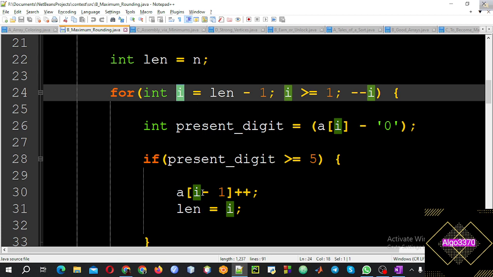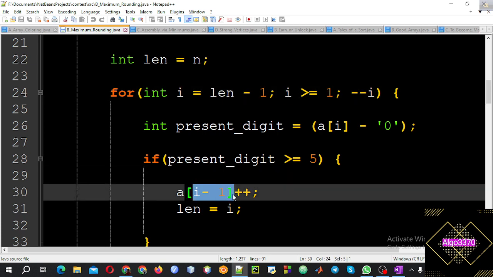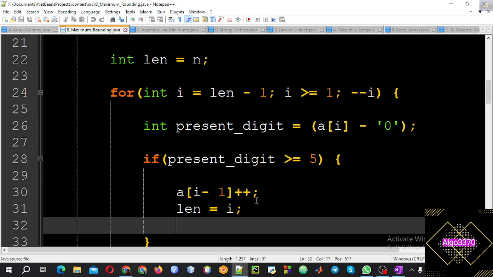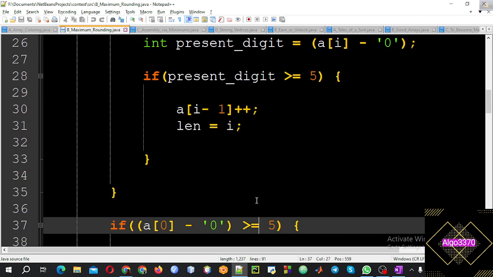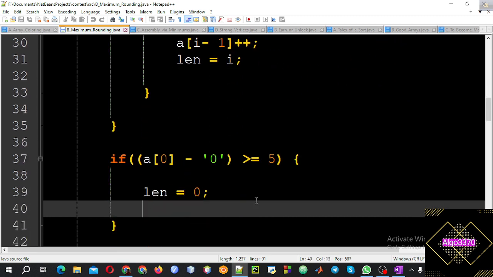So we will increase the value of the (i minus 1)th index of k of our main string a, and pick the position of the index here. Now we have to check whether the leftmost element, or the first digit of the number, is greater than or equal to 5 or not.